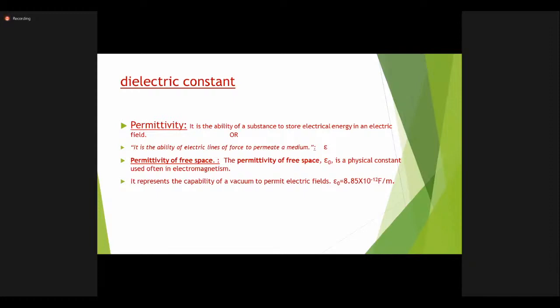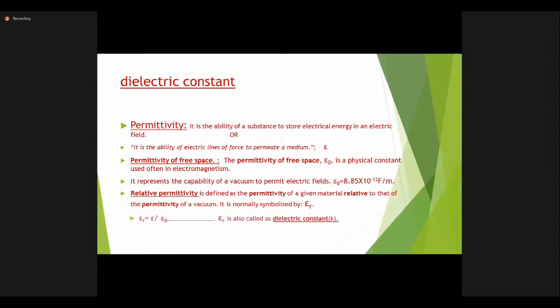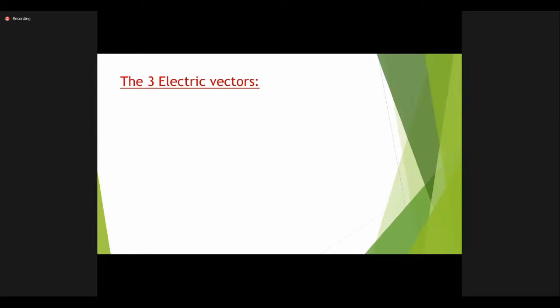Similarly, every medium has some permittivity, and that relative permittivity is given by epsilon r, which is the ratio of permittivity of the medium to the permittivity of free space. This relative permittivity itself, we call it dielectric constant.